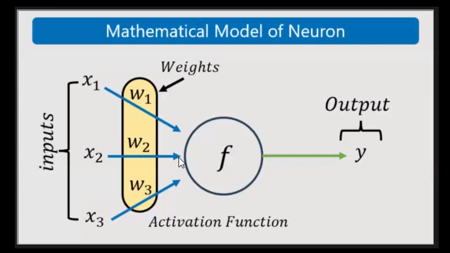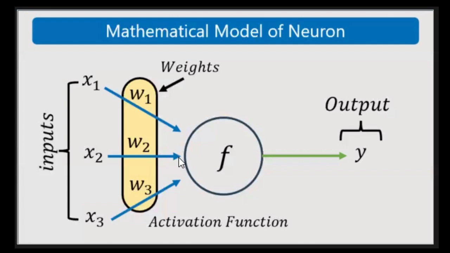But by training that kid, we are changing the synapses' strength. That means in the mathematical model of a neuron also, these are the changeable parameters, the parameters that change while the mathematical model learns.